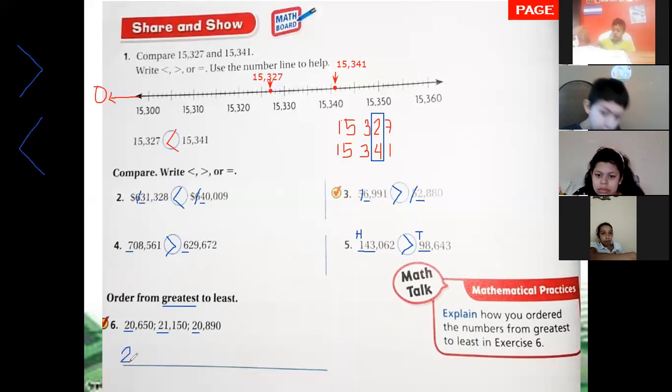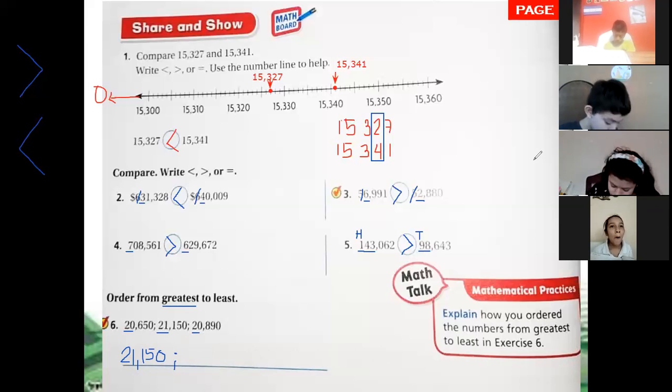So that's the first one, 21,150. This one is our first amount. Then we have to write a semicolon.